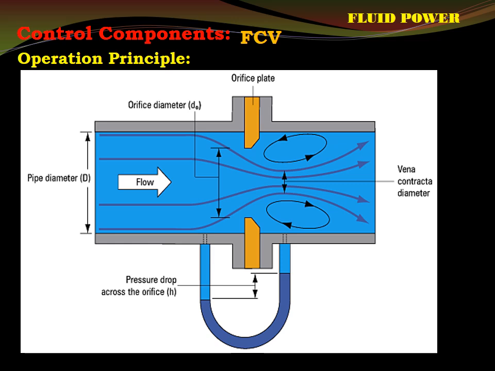An orifice is nothing but a resistance to the path of the fluid flow. So a partially closed orifice or flow control valve in a hydraulic pressure line causes resistance to the pump flow, and this resistance alters the flow rate. So a flow control valve is nothing but an orifice.